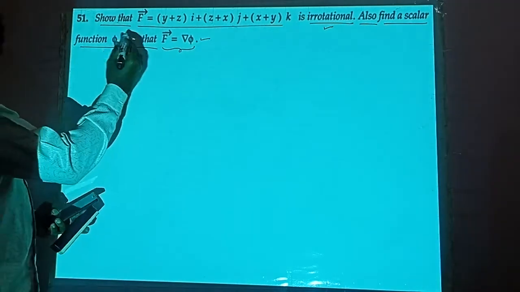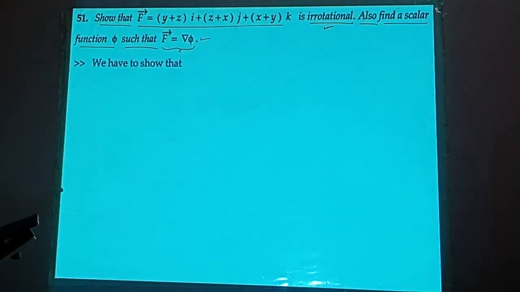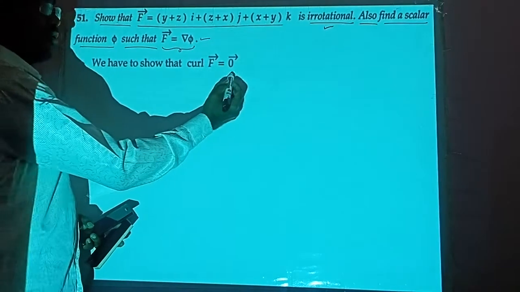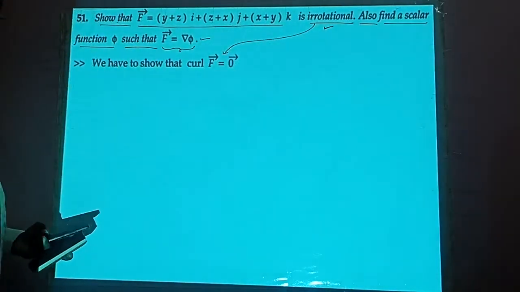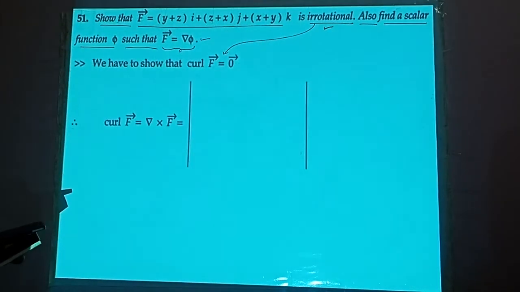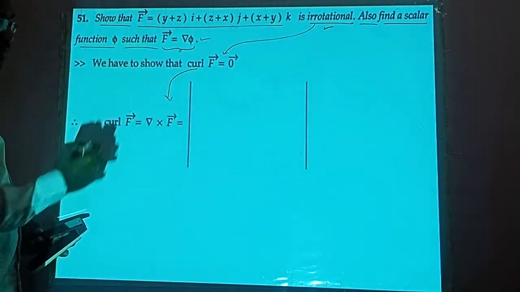So what is the first sub question we need to prove? It is irrotational. We have to show curl f is equal to 0. To say it is irrotational, we need to prove curl f is equal to 0. Let us find what is the curl f.